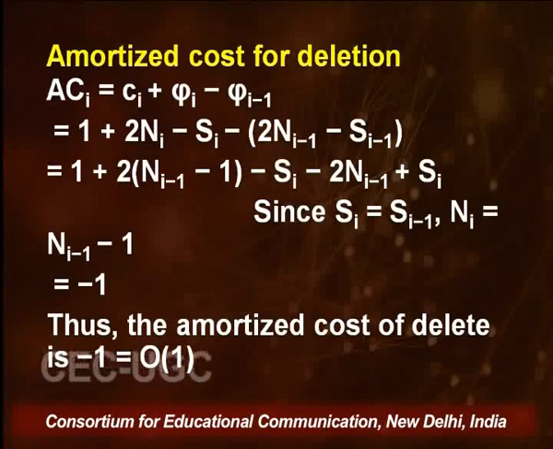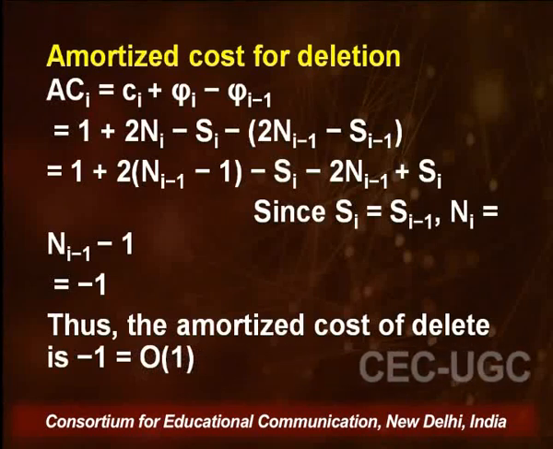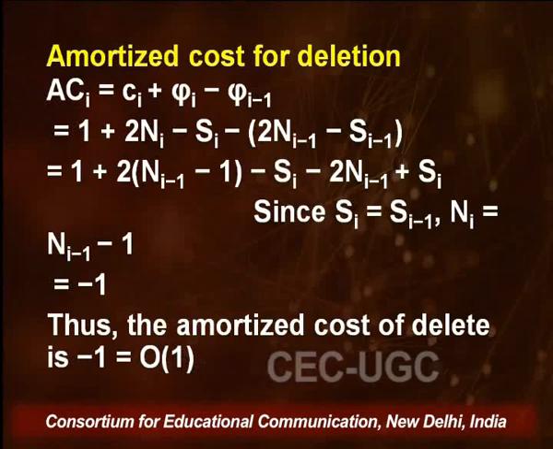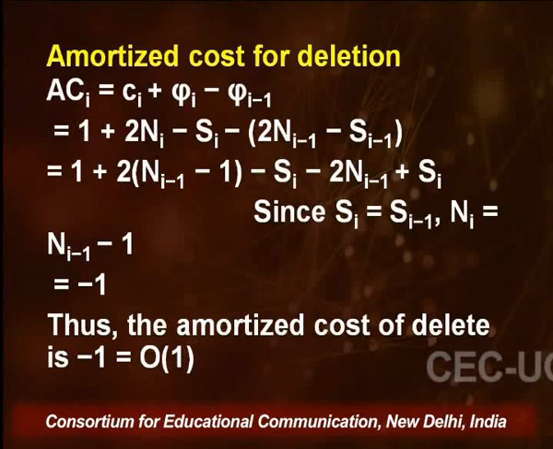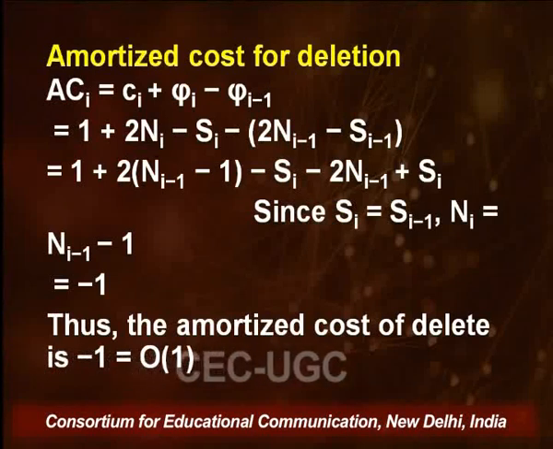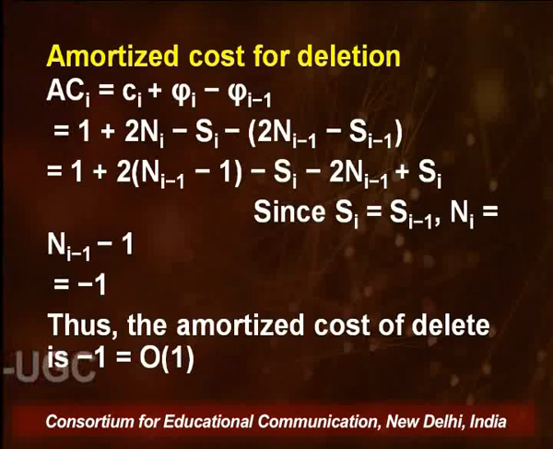Now, coming to the third step, as we can see, there is no change in size, at least. That means the size after the ith operation and the size before the ith operation are the same, so s of i is equal to s of i minus 1. But this does not go with num of i, which is denoted by n of i here.